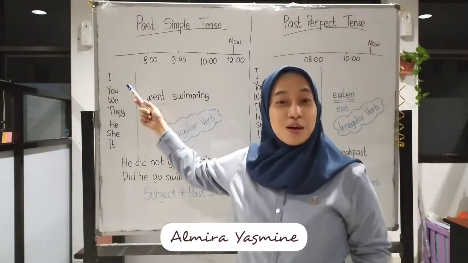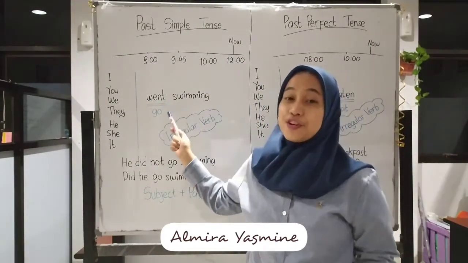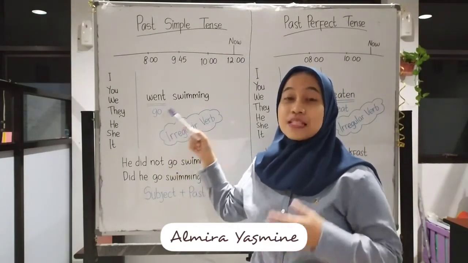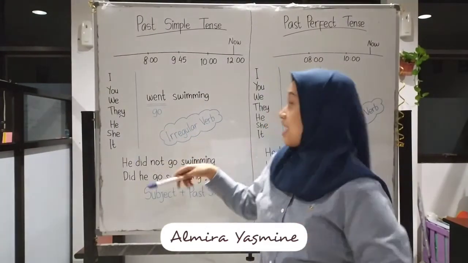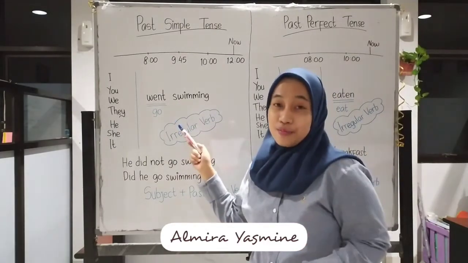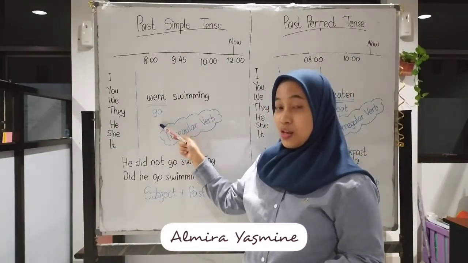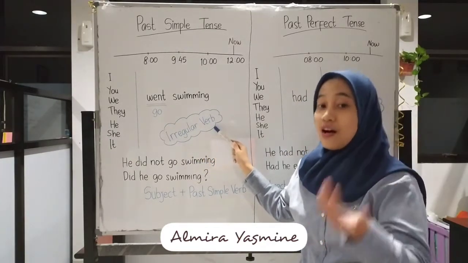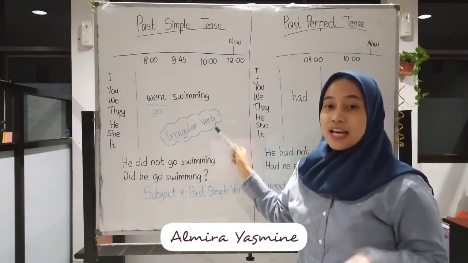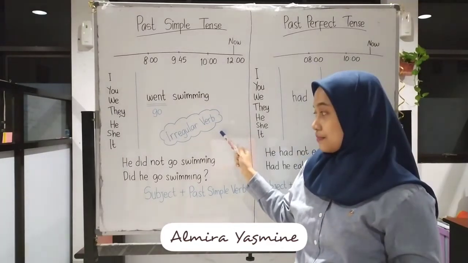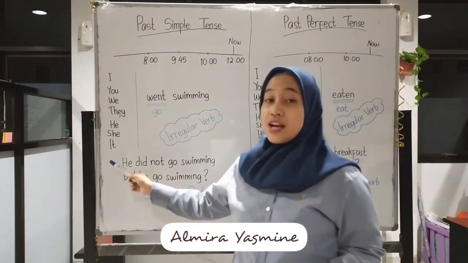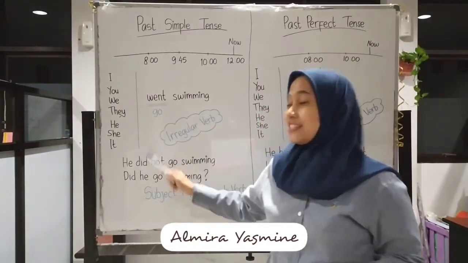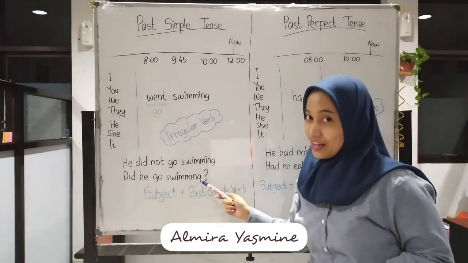Here is the subject and this is the verb. This is the simple past form; the present simple verb is go. Go is an irregular verb that follows special rules in other tenses. The negative form of past simple is "he did not go swimming".